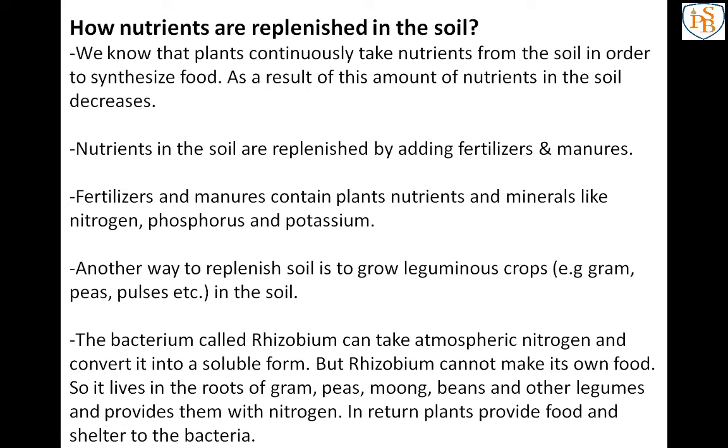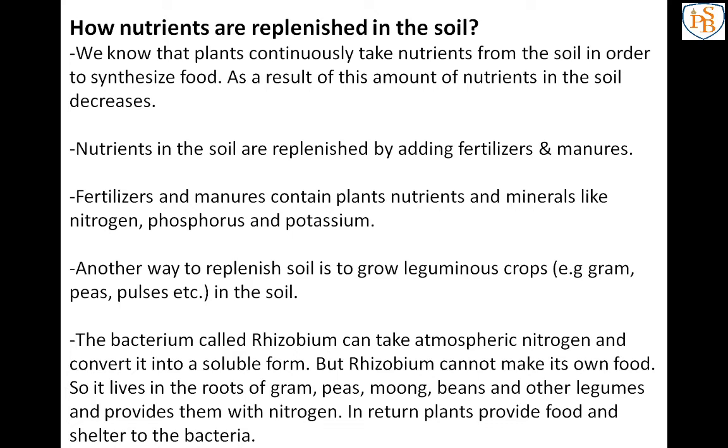So rhizobium can take and give something to the plant, so the plant can grow and perform photosynthesis, and also the soil can get the nutrients. So both the plant and that bacteria have a symbiotic relationship. If you want to use manures, you can use them.